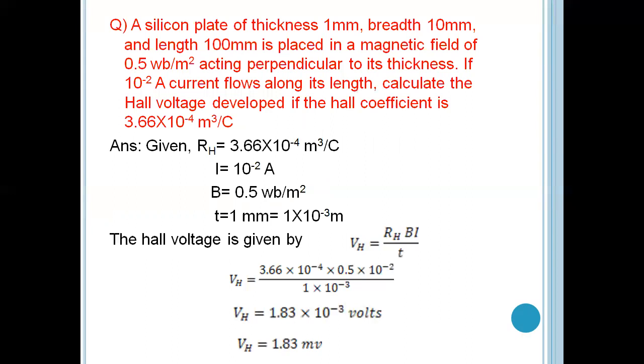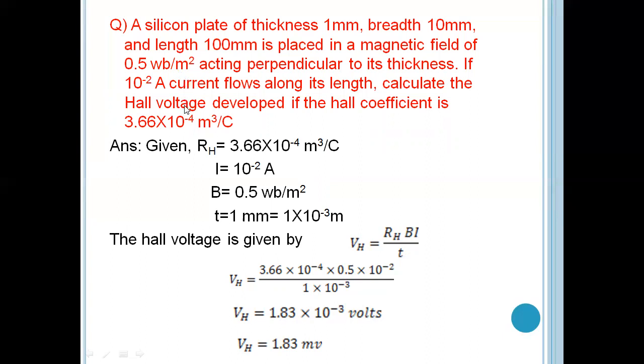Coming to the numericals dependent on Hall voltage, Hall coefficient, mobility and so on. Let us see one of the problems where they have given the dimensions of a silicon plate, which is carrying a current of 10 power minus 2 amperes, and a magnetic field of 0.5 Weber per meter square is applied on it.